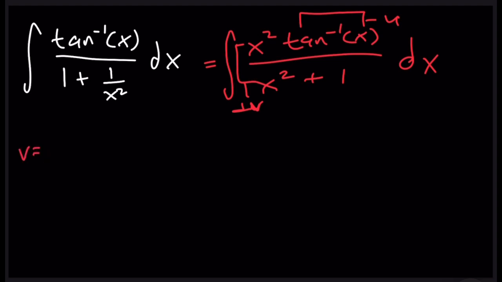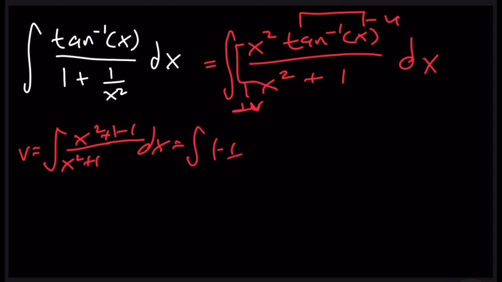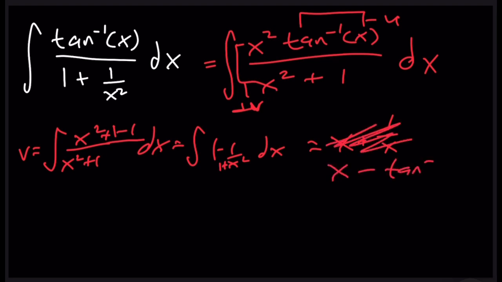V equals the integral of x squared over x squared plus 1, or actually, I'm going to write it like this, plus 1 minus 1 dx, and that's going to be the integral of 1 minus 1 over 1 plus x squared dx, which is the same thing as x minus tangent inverse x.